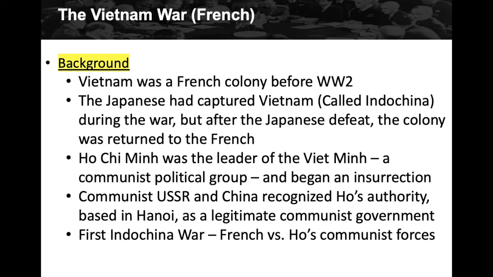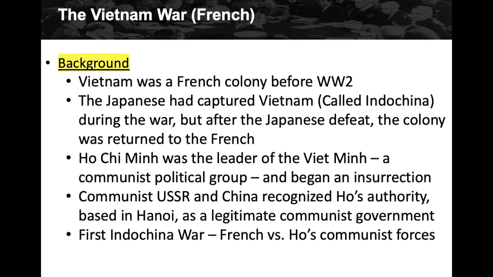A man named Ho Chi Minh was the leader of a group called the Viet Minh, which was a communist political group. This group began insurrections against the French. When you look at the world stage of communism, you have communist USSR and China, and there's this little colony of the French, who are a power in democratic Europe.